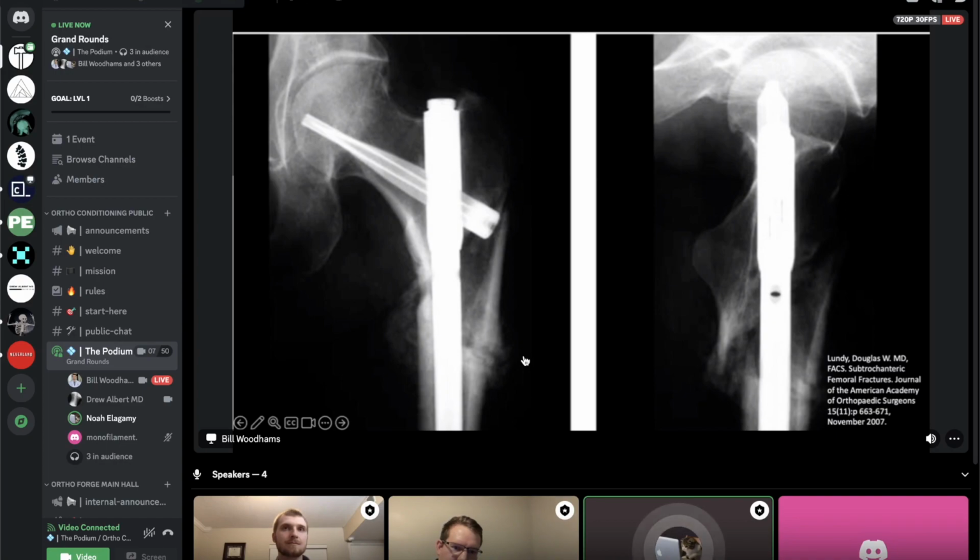Looks like a piriformis start point. Nice pickup. I don't think it's a recon because it looks pretty hefty. I'm not familiar with this implant design, at least for what I'm used to seeing. But good pickup on the piriformis start point.